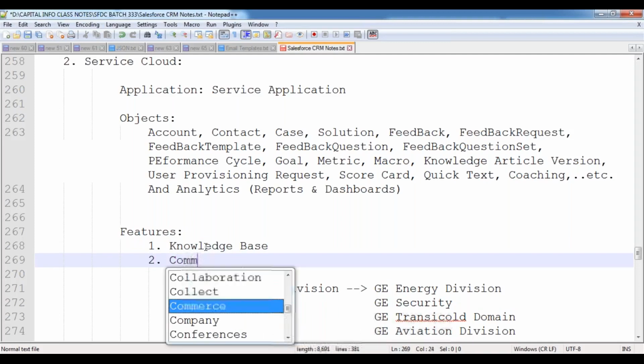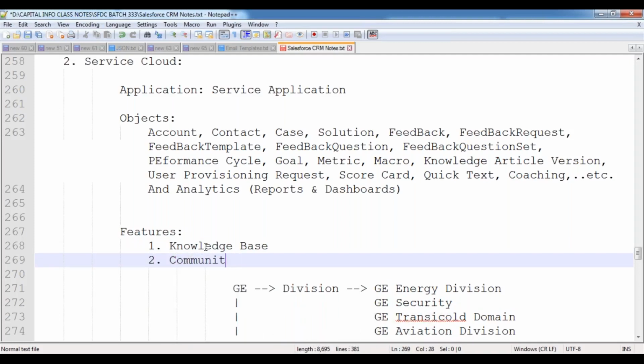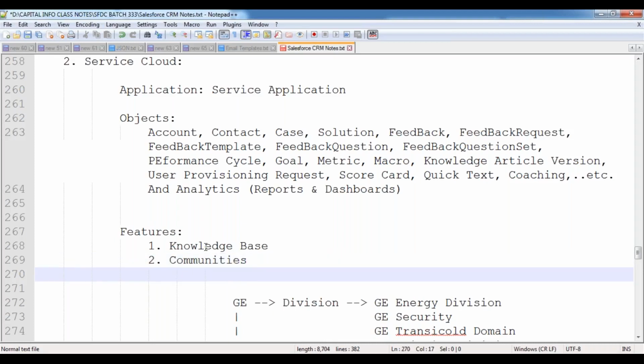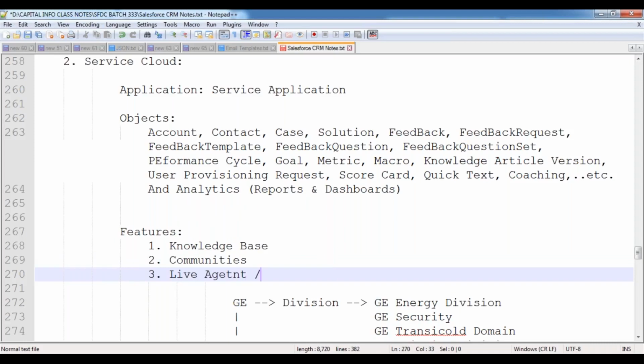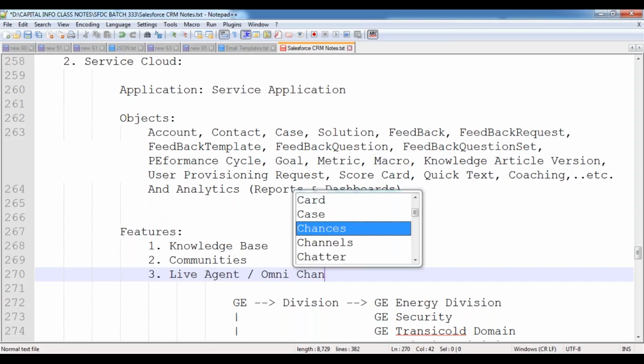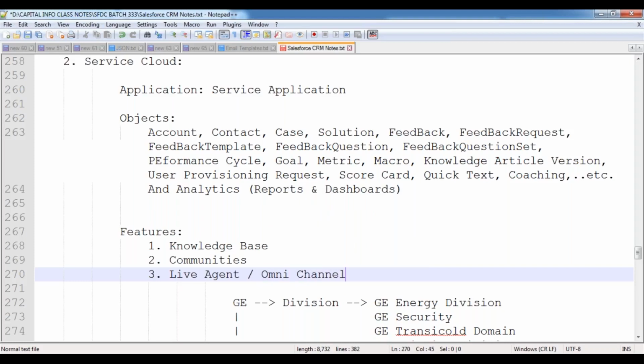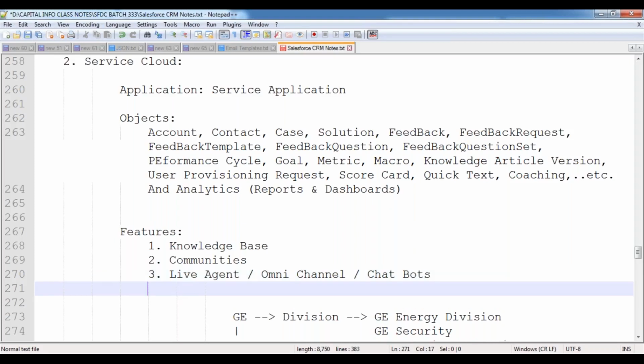Second one, the communities. Third one, live agent. This is also called omni-channel nowadays. These are also called chatbots.